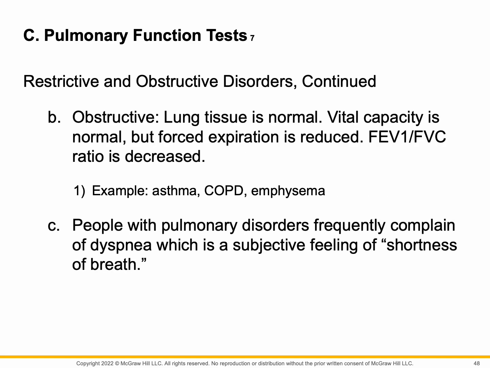With obstructive lung disease, the primary problem is oftentimes airflow limitation, mainly during exhalation, so they're having trouble blowing out. Examples include asthma and COPD, as well as bronchiectasis and emphysema. The main symptoms include difficulty exhaling, blowing out. They'll have wheezing or complain of prolonged exhalation.